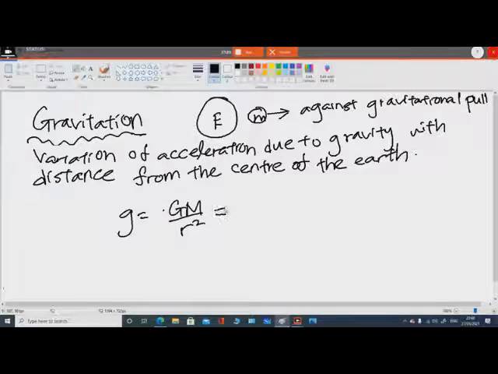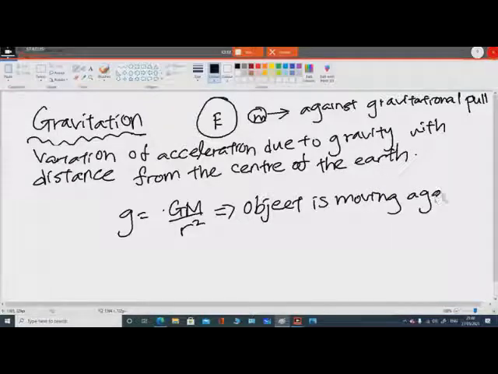This is because the object is moving against gravity. So this is GM over r squared.